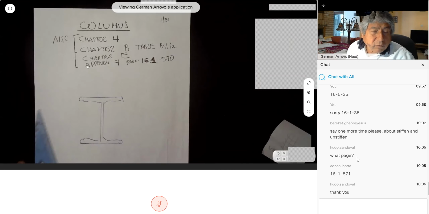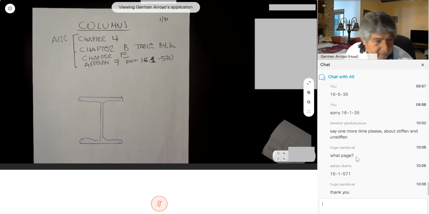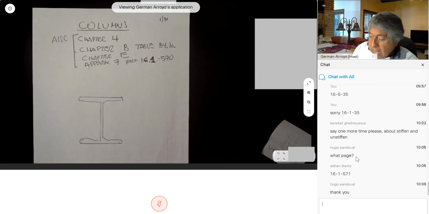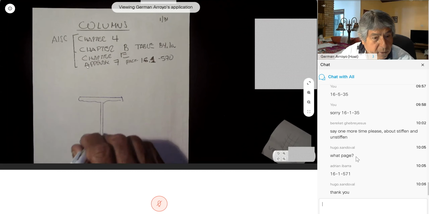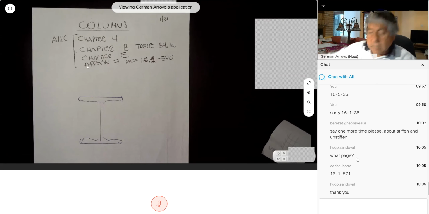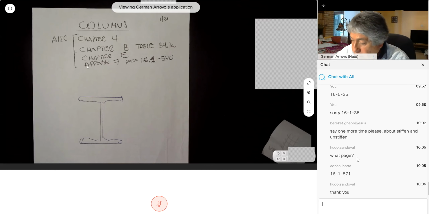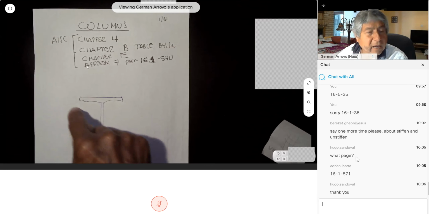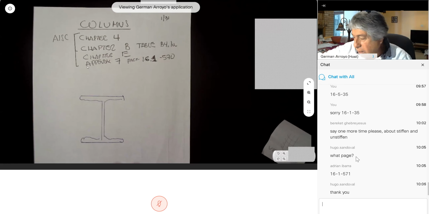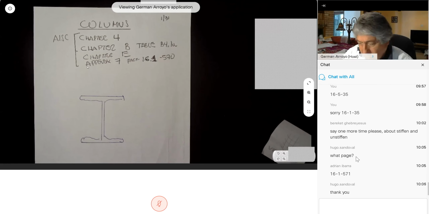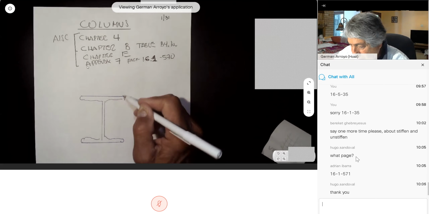The question was about stiffened and unstiffened elements. Whenever you apply a compressive load, there are going to be compressive stresses all over. So these flanges, based on the stress, are going to try to buckle. Nothing is supporting these flanges.